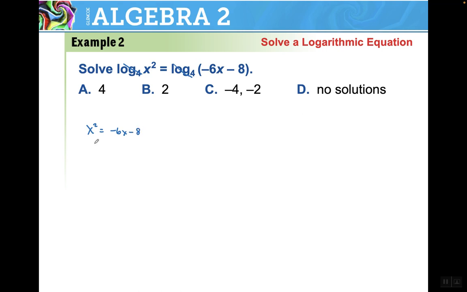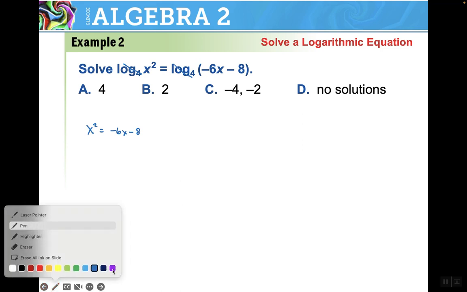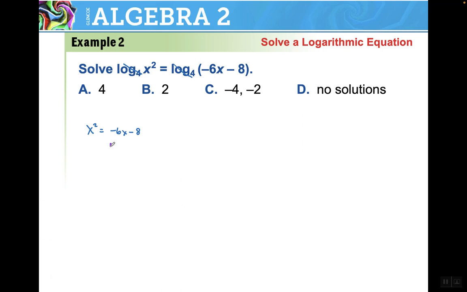Now, it's a quadratic, so we can't just isolate x right away. What we're going to have to do is set it equal to 0. So I'm going to add my 6x and my 8 to the other side, and same over there. So then I end up with x squared plus 6x.